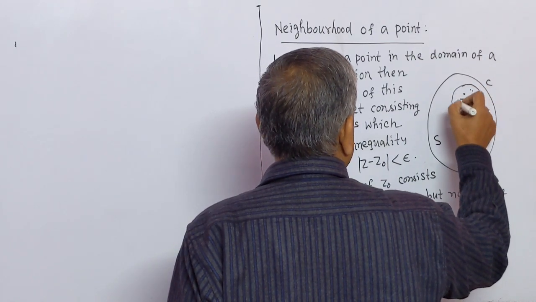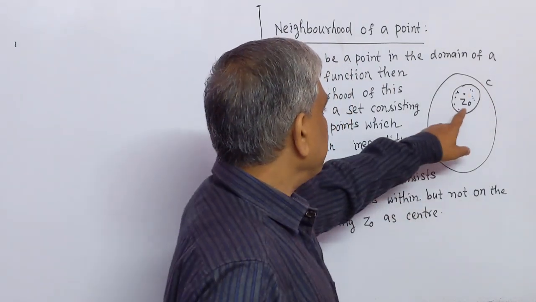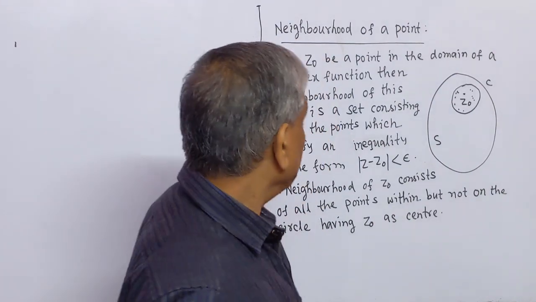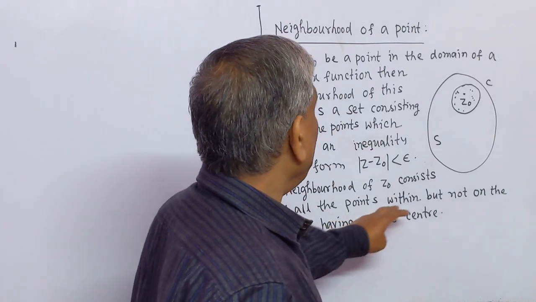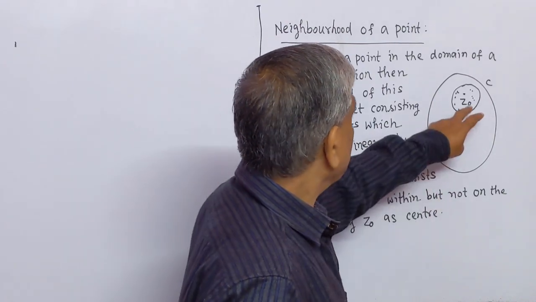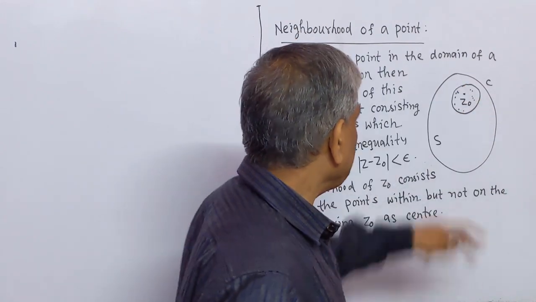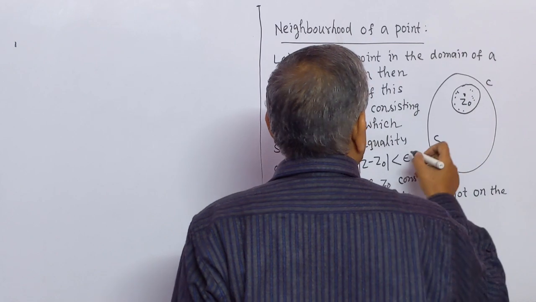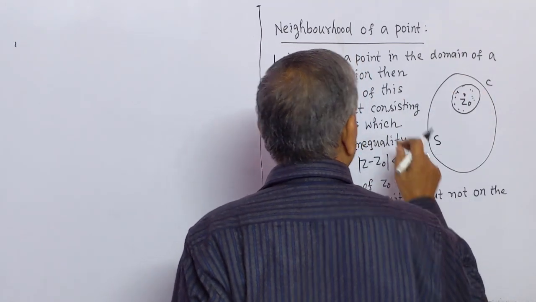The collection of these points is the neighborhood of Z naught. The neighborhood of Z naught consists of all points within the circle but not on the circle. Here epsilon is the radius of this circle, which is very small.